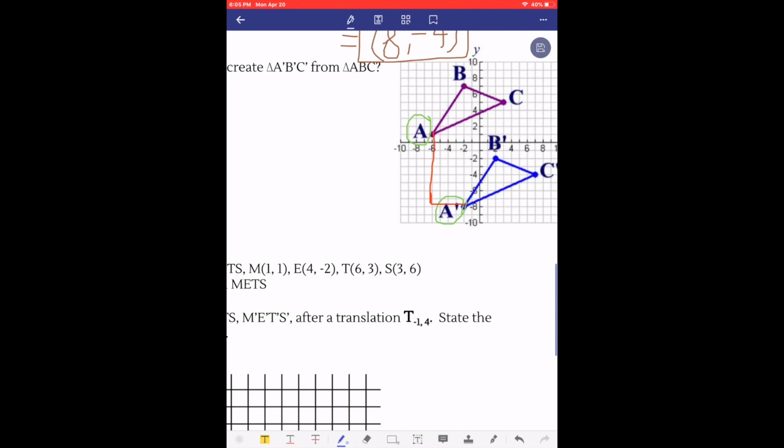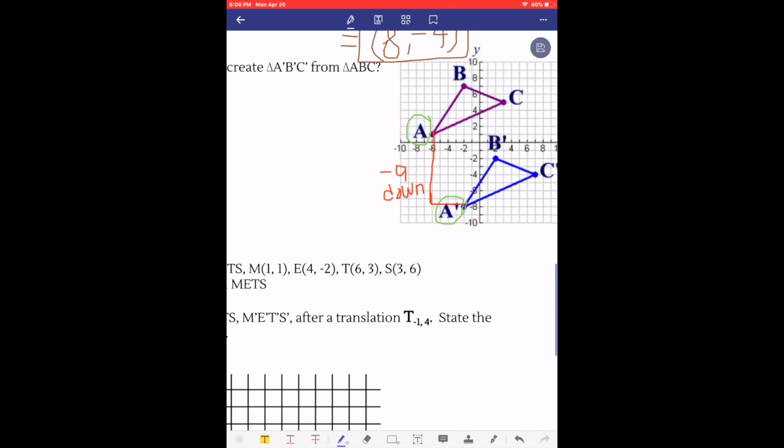So you would be counting, and if we count from A to A prime, you'll get 9. And remember, these are 9 going down because we're going from A to A prime. And when we go down, it's the same thing as subtracting 9.